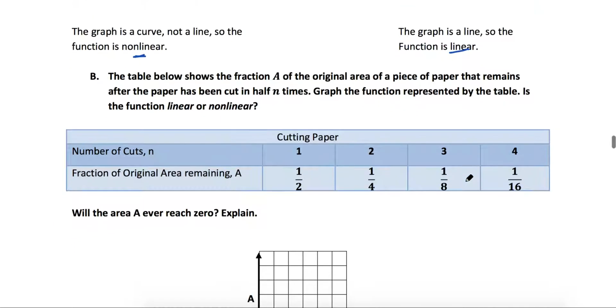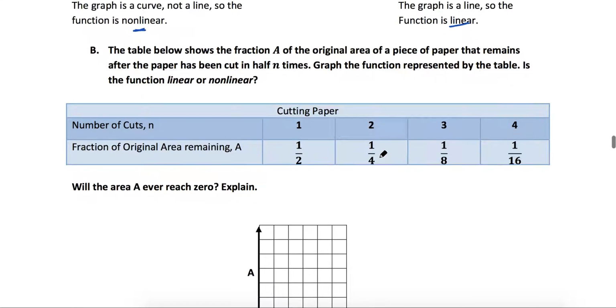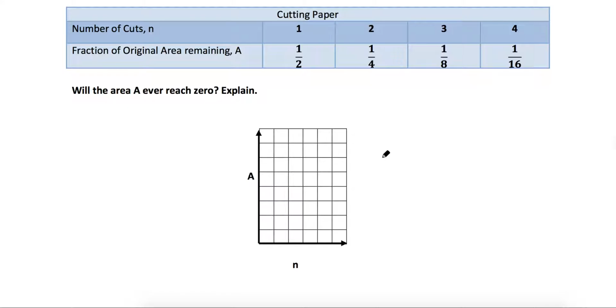Okay, so the table's already been kind of constructed for you. After you cut it in half once, you have half, half again, you have a quarter, and then an eighth, and then a 16th. All right, so we'll go ahead and number this as 1, 2, 3, 4 cuts. And over here, I'm going to go ahead and count relatively small by eighths. So that's an eighth, and that's a quarter. That would be 3/8, and this would be a half.